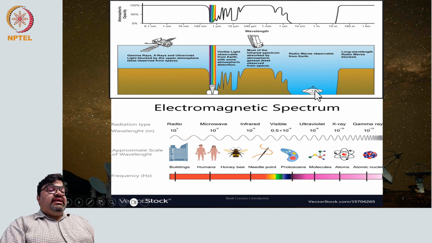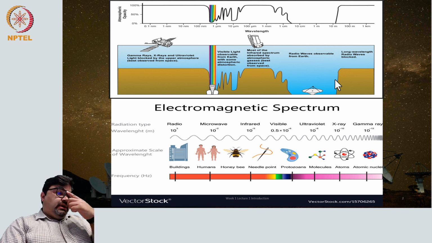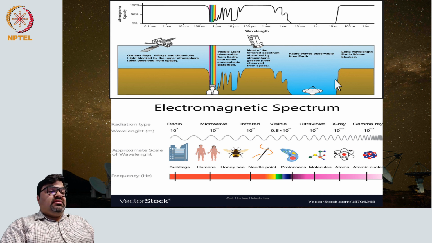We are lucky to be in the radio regime, where most of the wavelength range is accessible from the surface of the Earth. Only if we go very low in frequency or very high in wavelength, the Earth's ionosphere, which is a plasma layer, cuts off the radio waves from reaching the surface. But that's a minor range; the major part we can observe from the ground.